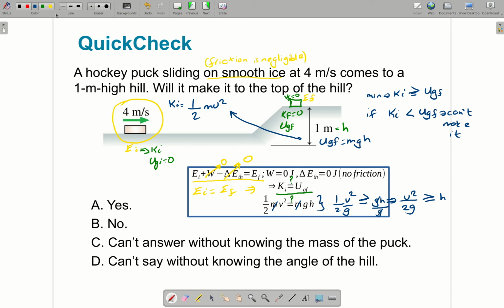So let's see. What is v? 4. I'm going to take 4 meters per second, square that, divided by 2 times g, which is 9.8 meters per second squared. Is it larger or equal to minimum 1 meter? I'm going to get 16 meters squared per second squared here, divided by 2 times 9.8. 2 times 8 is 16.